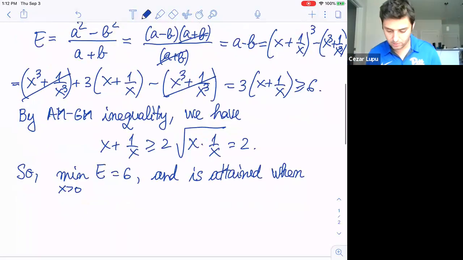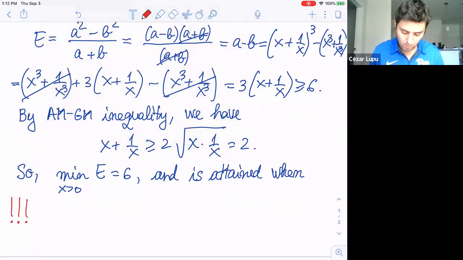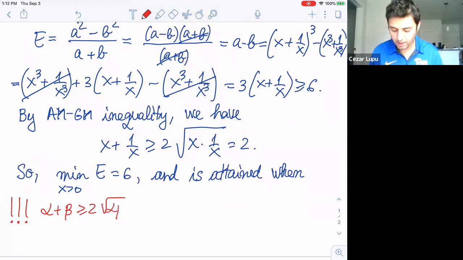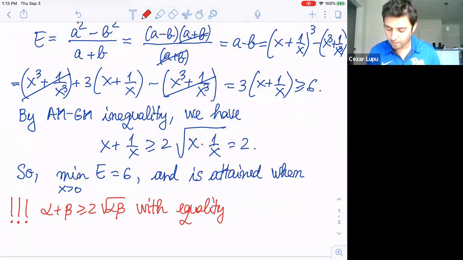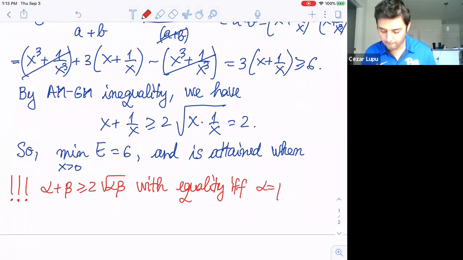Let me remind you that alpha plus beta is greater or equal than 2 square root of alpha beta, in general, with equality if and only if alpha equals beta.